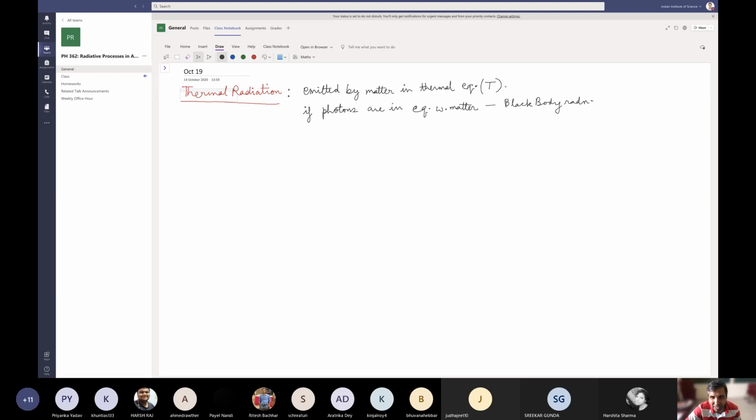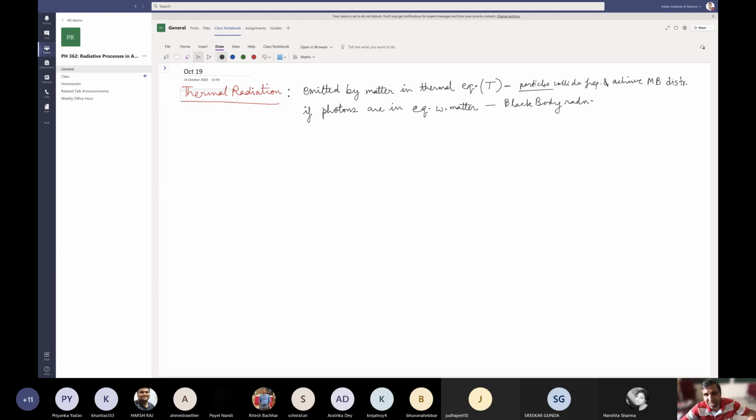So when is matter in thermal equilibrium? When particles collide frequently and achieve a Maxwell-Boltzmann distribution. This is only about the particles, not about photons. The particles are well described by a temperature T in that case.